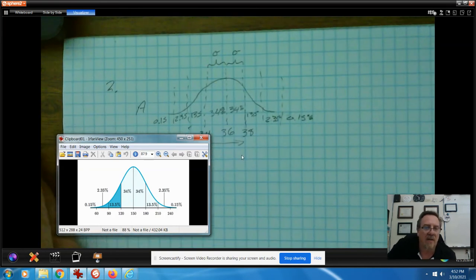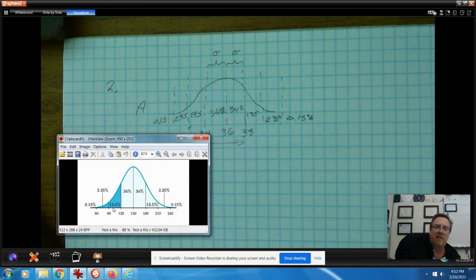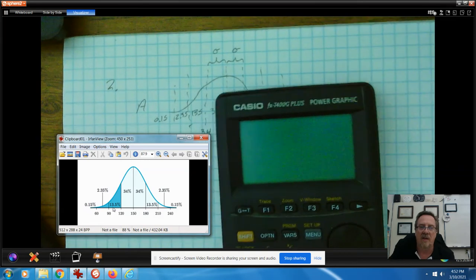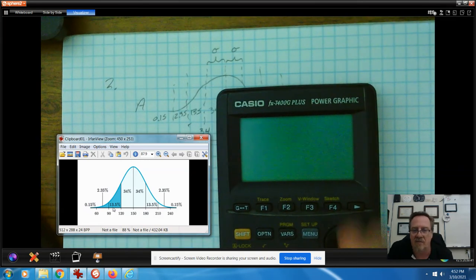Let's go back and look at this picture here, which, ignoring the numbers at the bottom, at least we can look at the percentages in these spots where the standard deviation breaks are. There are some numbers that I can add together.